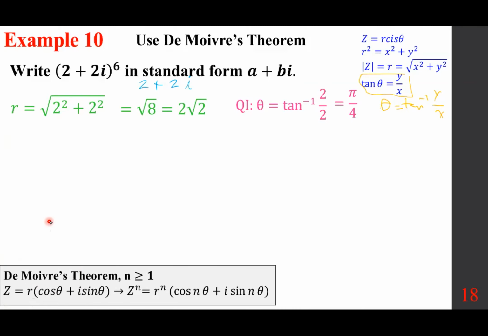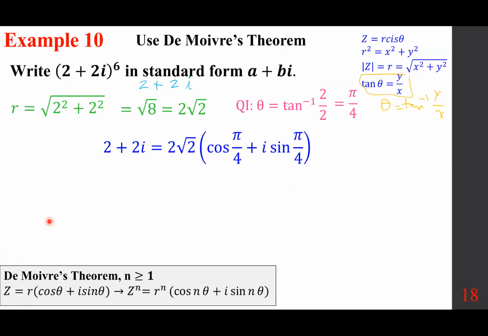So now we have 2 plus 2i as r cis theta: 2 square root of 2 cosine of pi over 4 plus i sine pi over 4. Now we want to raise this to the power of 6. To raise this to the power of 6, we raise the modulus to the power of 6, and then we multiply the argument by 6.